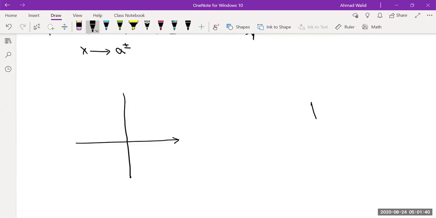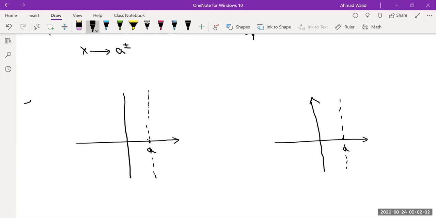Case 1, case 2. Here I have a point A. Here I have a point A. This is my vertical asymptote here, and this is my vertical asymptote here.